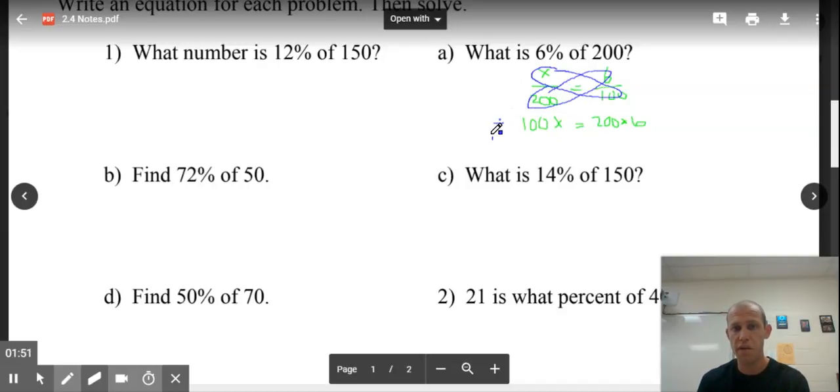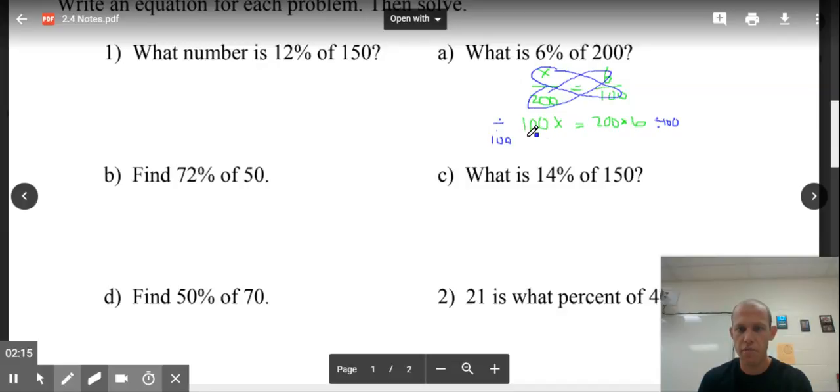So we will divide by 100. Writing out these steps helps you remember what you're actually doing. You're moving this 200 over through multiplication. You're undoing this divide. You are moving this 100 over through multiplication, undoing the divide. So it's all undoing. So writing this stuff out helps remind us of that.